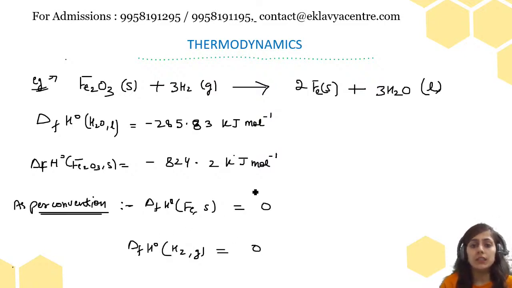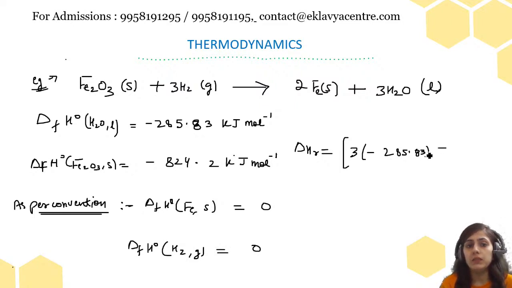So using this data, we have to calculate the value of enthalpy of reaction. It is enthalpy of products, that is 3 times minus 285.83, minus Fe2O3, that is minus 824.2.